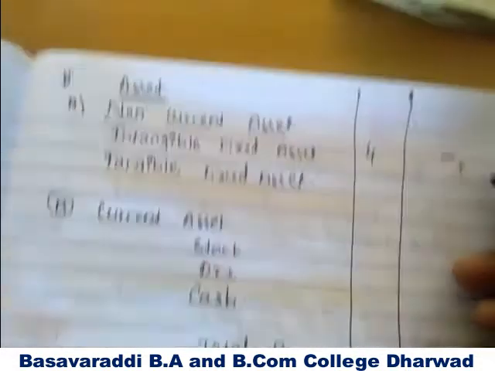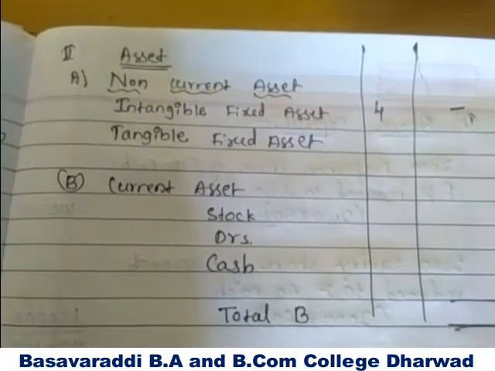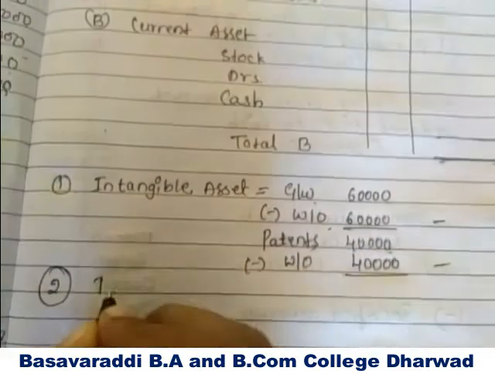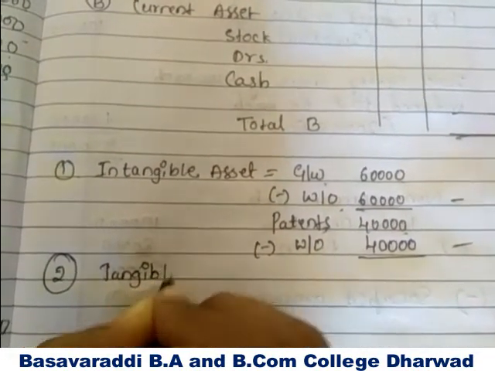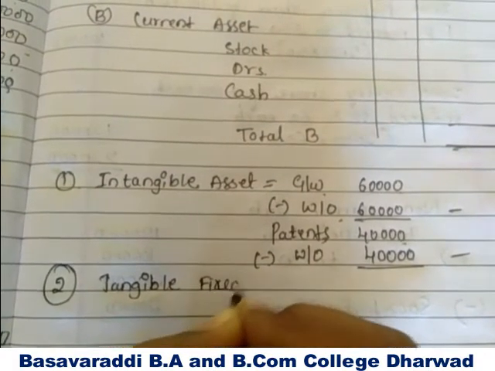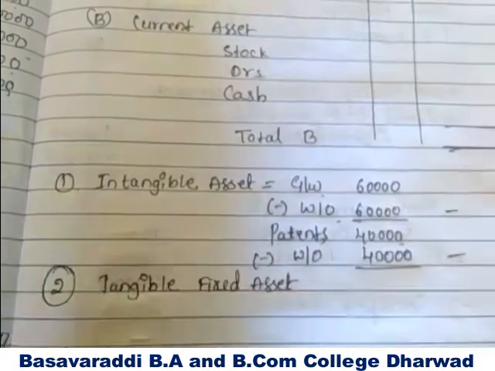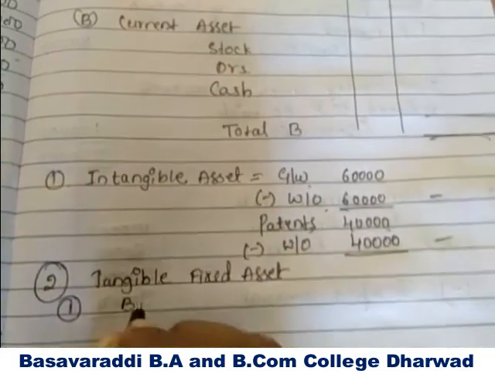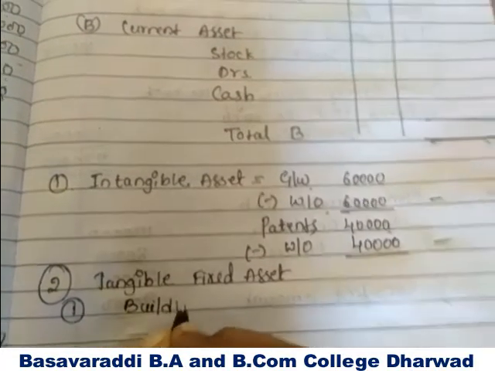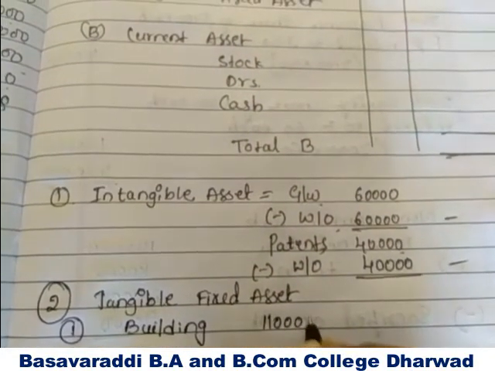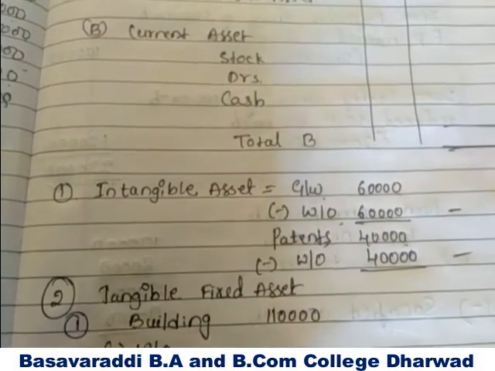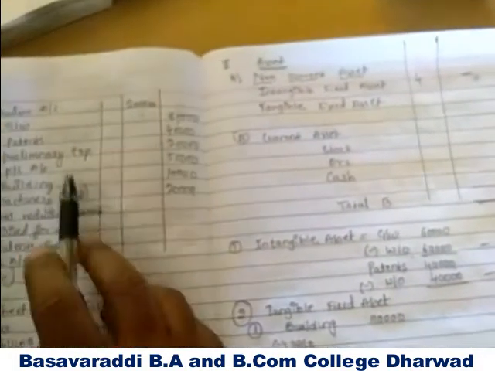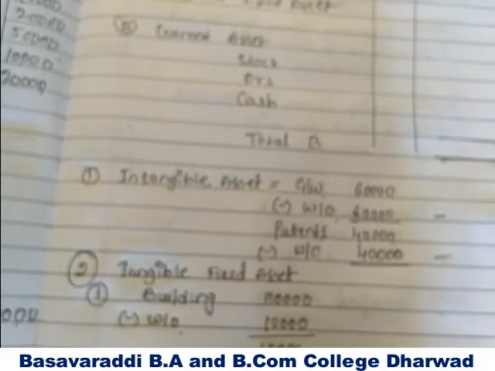Now next, tangible fixed assets. In that, first one, building, how much? 1,10,000 less write off of building, how much? 10,000 rupees. How much? 1 lakh rupees.